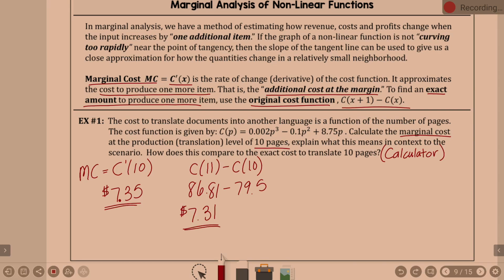Okay, so very much similar, just not quite the same. Okay, so the marginal cost was 7.35. The exact cost was 7.31. And they asked us to explain the, sorry, my brain is struggling with this problem right now. Explain what this means in context to the scenario.